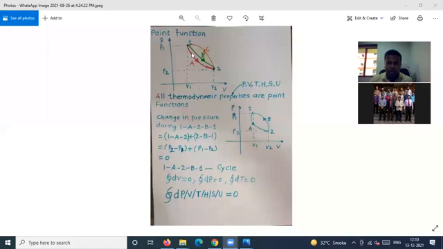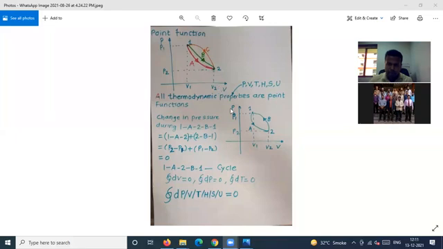The area below 1A2 will give you the value of work done during 1 to 2. Is that okay, all of you? Let me know.